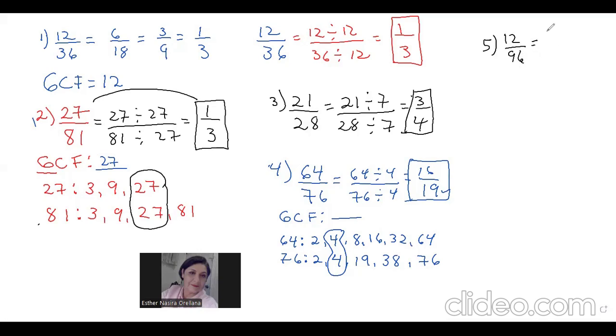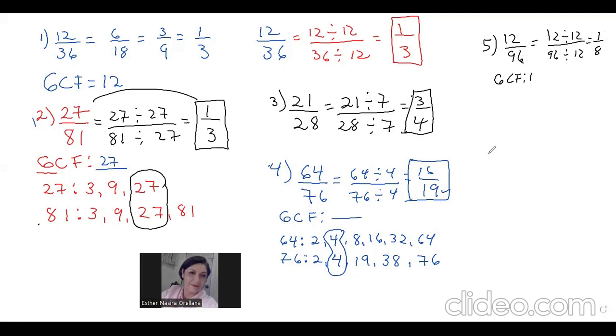So that is easy. So the greatest common factor will be 12. So I'm going to write 12 divided by 12 and 96 divided by 12. And the answer will be 1 over 8. 8 times 12, 96.